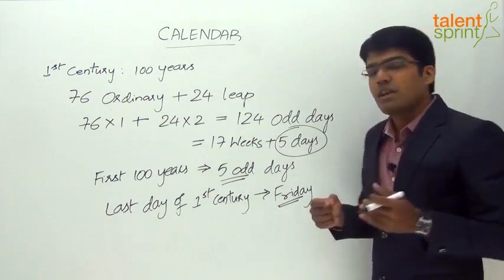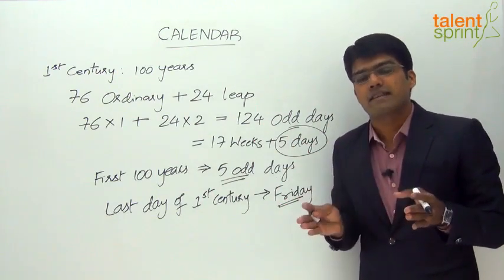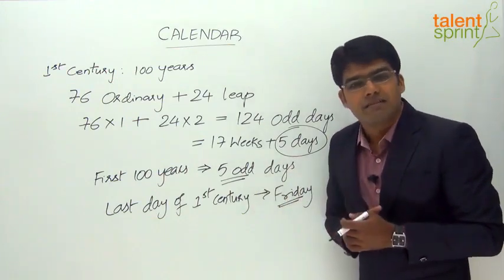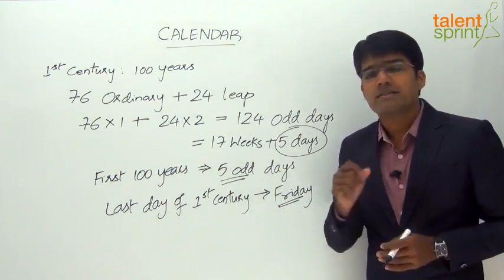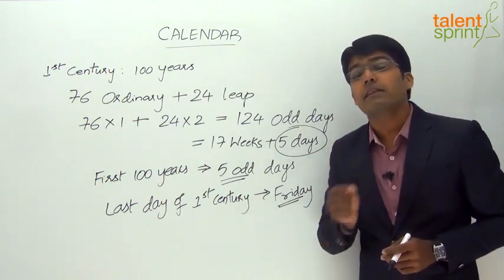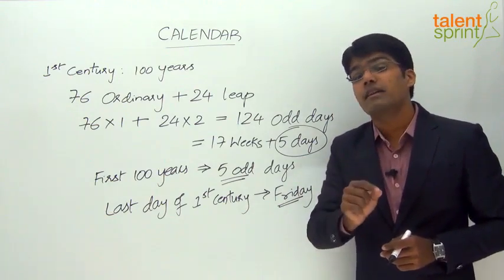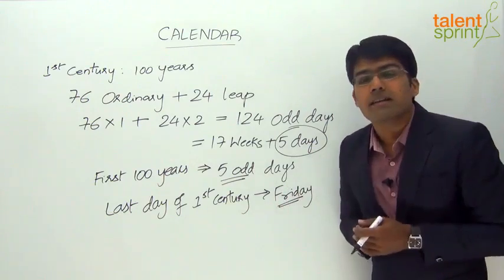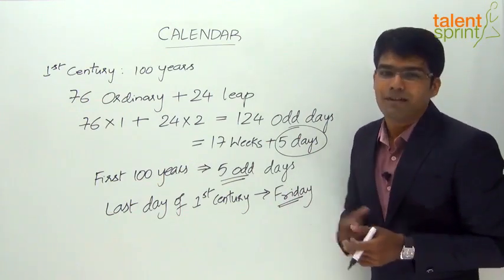So this way we can always calculate the number of odd days for the given period, and based on that we can decide the day of the last date. So this is how to find out the day of the week for the given date. We need to understand the number of odd days from the starting point, and that number of odd days will help us in finding out the day of the week.